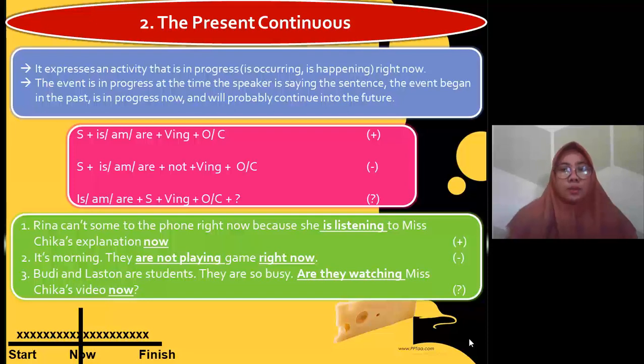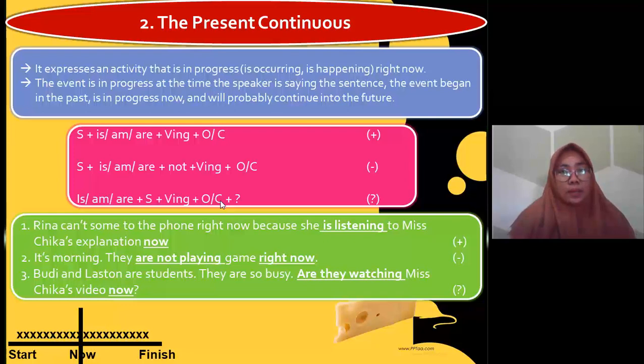You can see the rules here. For the positive, is, am, are plus verb ing. For the negative, put not before the verb ing, so your sentence becomes subject plus is, am, are plus not plus verb ing plus object or complement. And for the interrogative, put is, am, are in front of the sentence, plus subject plus verb ing plus object or complement. That's the rule.